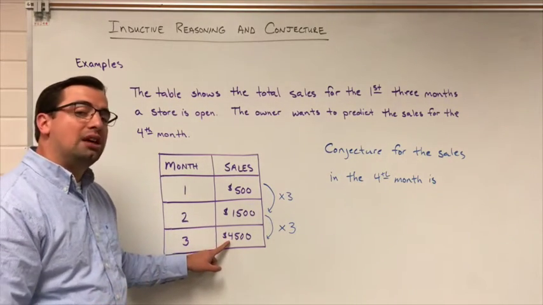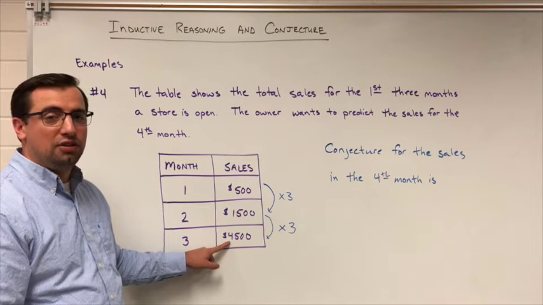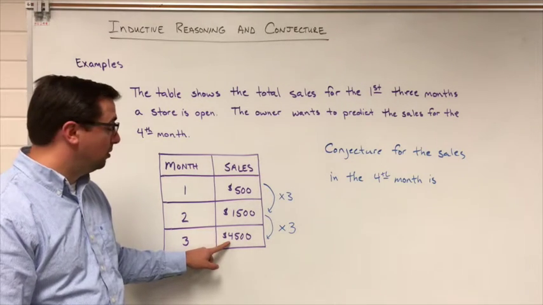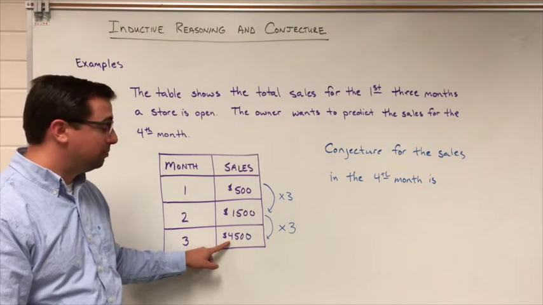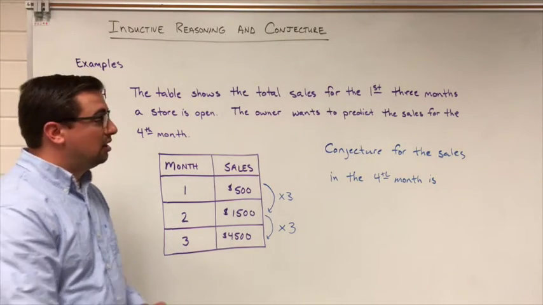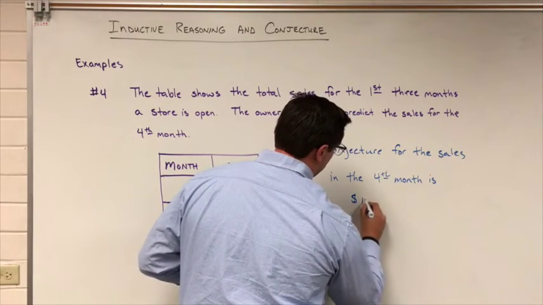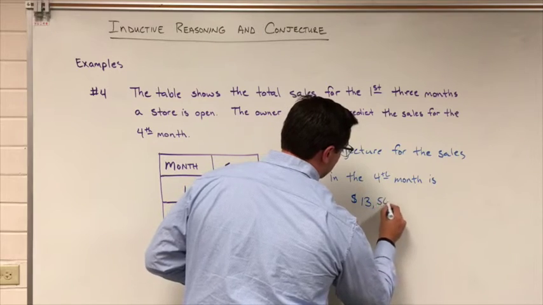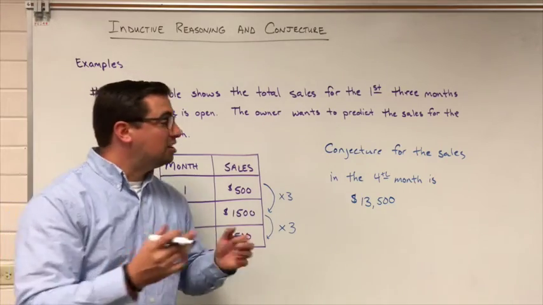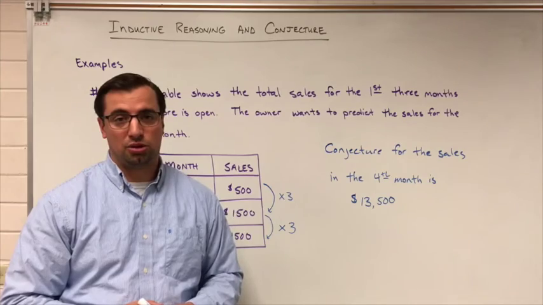We're going to take 4,500 and multiply that times 3. I'll give you a second to do it on your phone calculator. Hopefully you're not watching this video on the phone. Make it happen. But if I multiply 4,500 times 3, I will come up with an answer of $13,500. That is going to be the conjecture for the 4th month of sales that the store owner will receive.